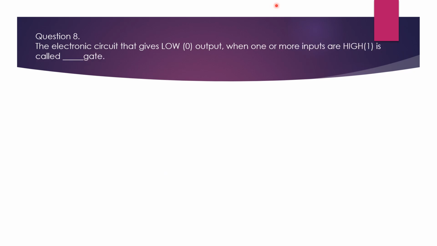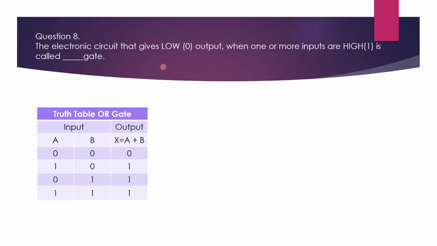Question 8. The electronic circuit that gives low output when one or more inputs are high is called dash gate. Now recall the truth table for the OR gate. The OR gate only gives a low output when both the inputs are low. If either of the inputs or both the inputs are high, the OR gate gives a high output. But we need a low output when either of the inputs is high. That means NOT OR.